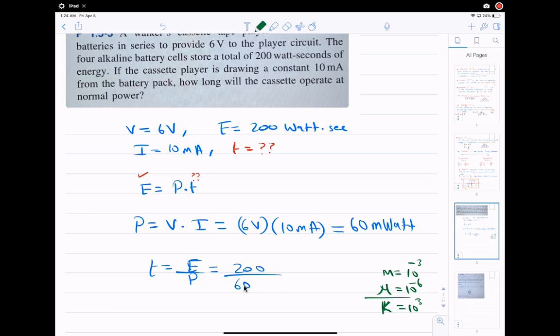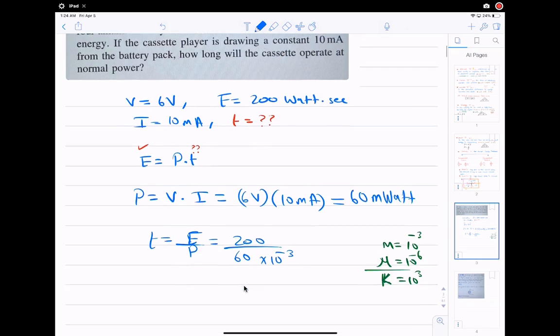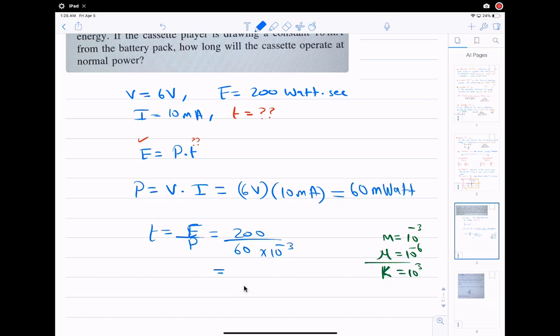So 200 over 60 times 10 to the power negative 3, and this would leave us with, let me grab my calculator very quick. 200 over 60 times 10 to the power negative 3 is 3333.33 seconds.